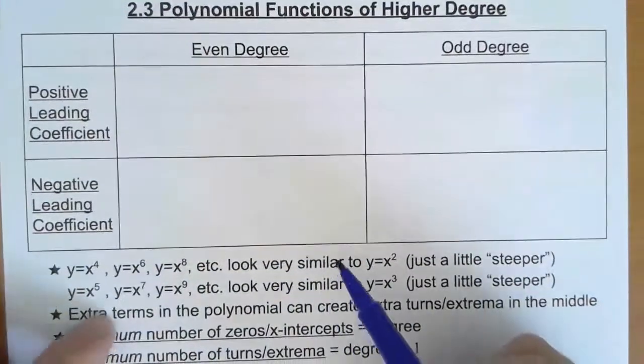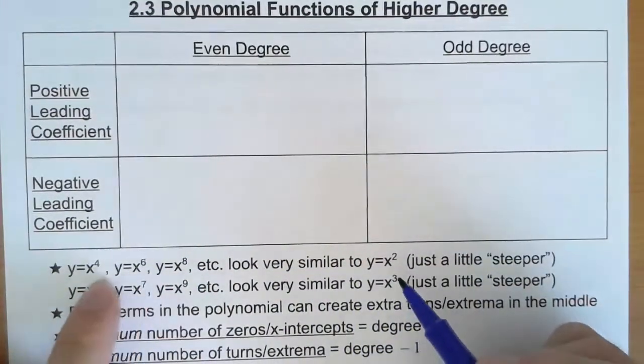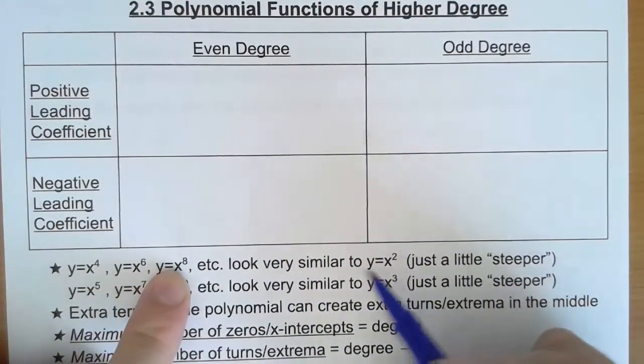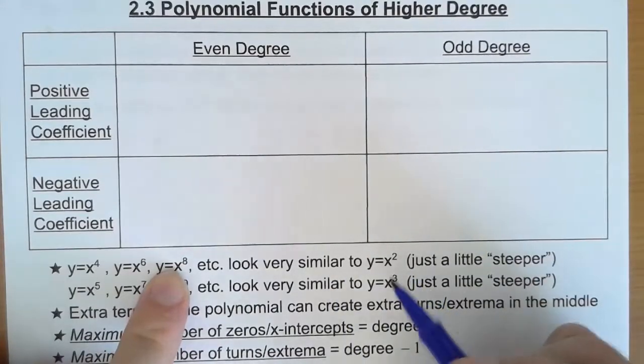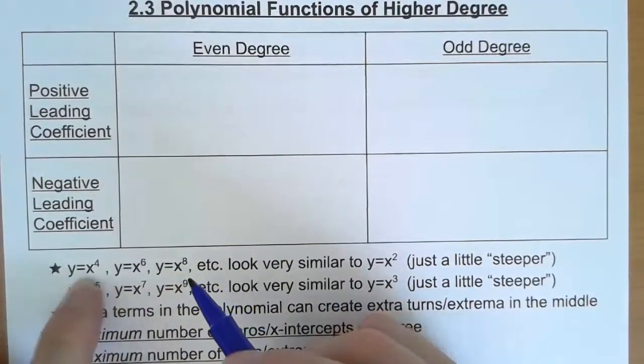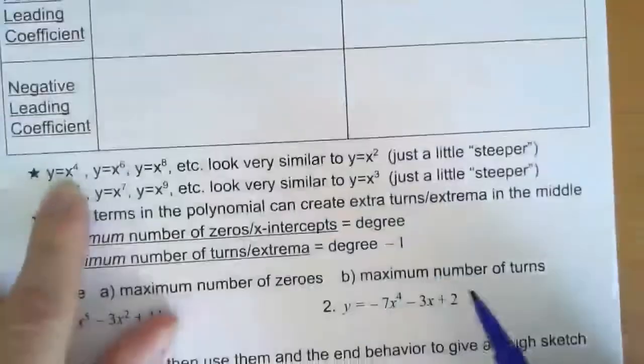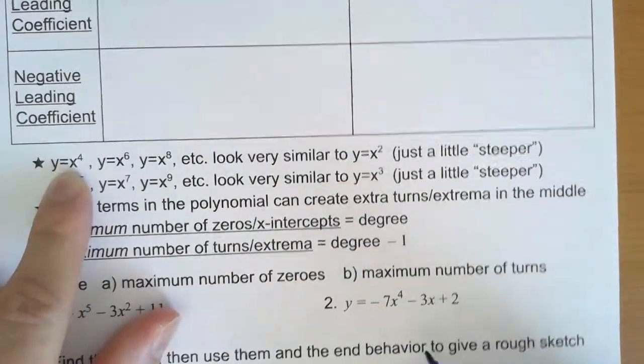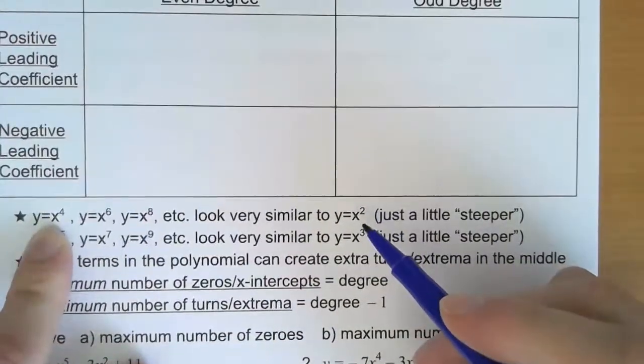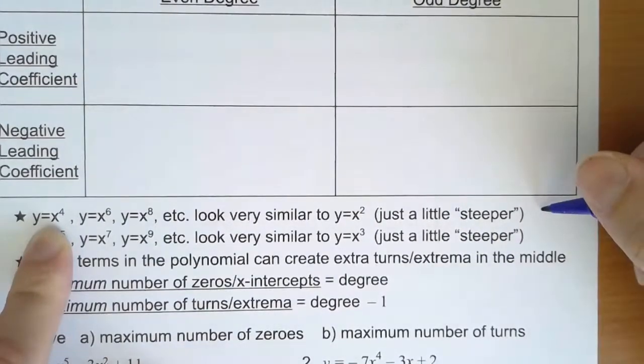Right? And so all the even degree things, x to the fourth, x to the sixth, x to the eighth, are going to look like x squared. And in fact, if we do just have y equals x to the fourth, if we don't have any kind of extra terms, it's going to look almost identical, just a little bit steeper, but it's basically going to look like a parabola.